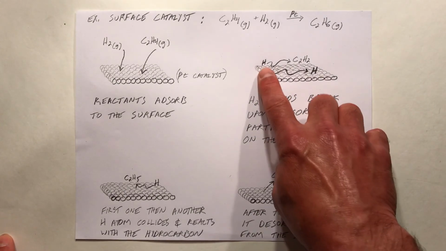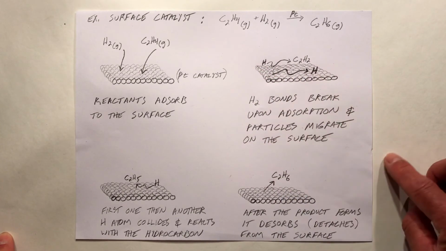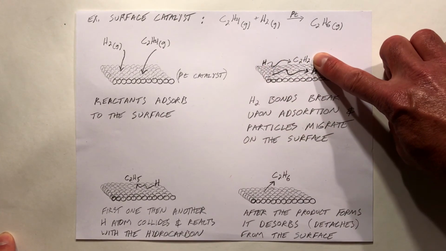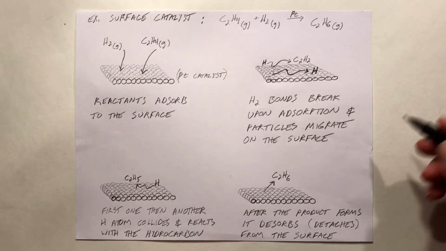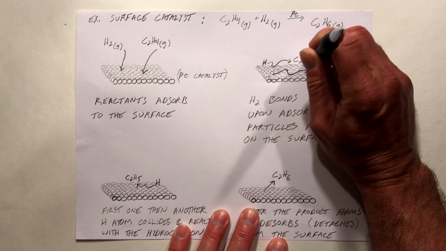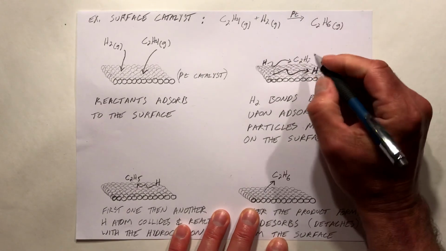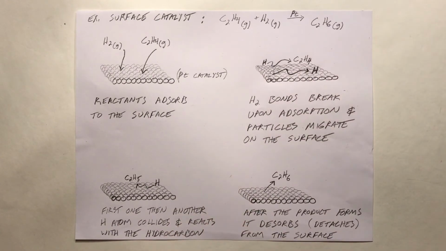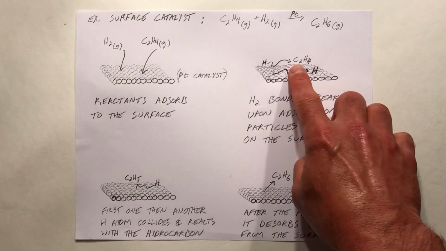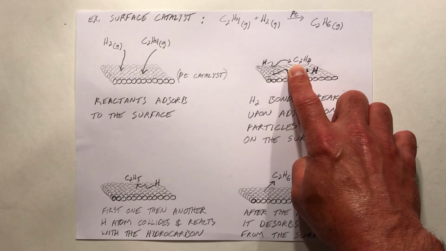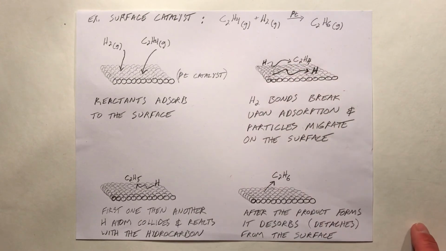So as the hydrogen atoms are migrating across the surface, bouncing around along that surface, they will bump into some C2H4. Oops, that's a typo there. It should be H4. Or I guess that's just a writing mistake. So when a hydrogen bounces into or collides with that C2H4, if it has proper orientation and sufficient energy, it'll form C2H5.